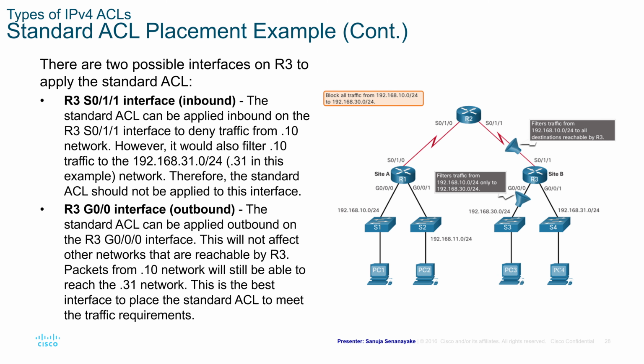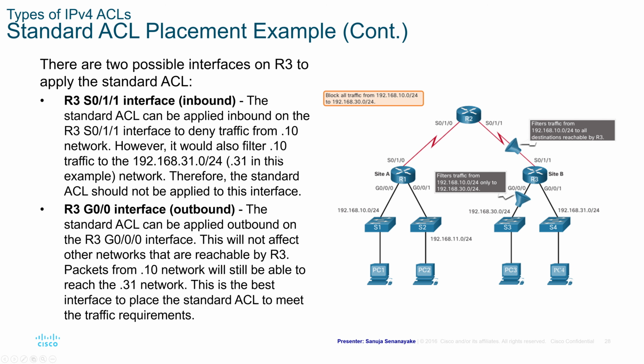So there are two possible interfaces on that R3 that you can apply the ACL. That includes the S0/1/1, which is this interface, and the other one is the G0/0/0, which is this interface. So on the R3, S0/1/1 interface is the inbound interface, and the standard ACL can be applied inbound on the R3 S0/1/1 interface to deny traffic from the .10 network, because we are basically blocking everything on this network, right?